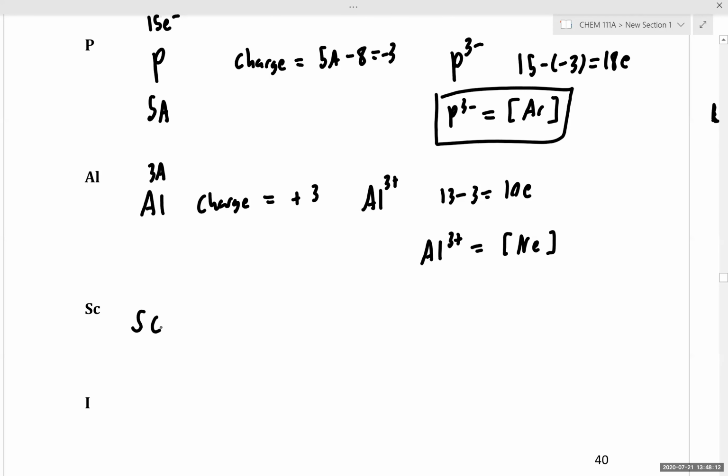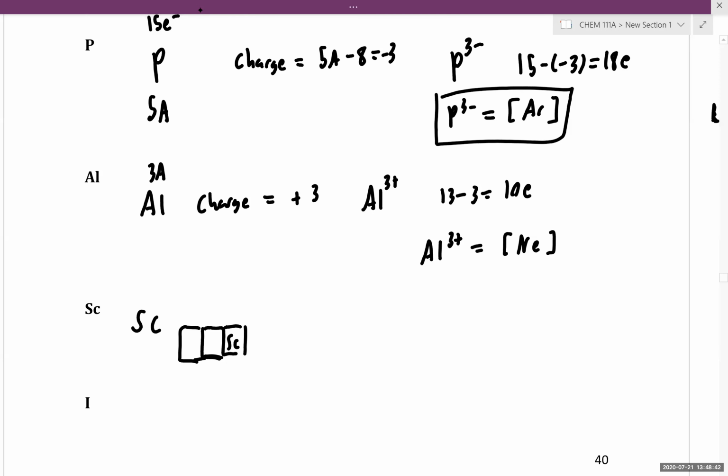Okay, scandium is a bit of a weird case. Looking at scandium in the periodic table, it's not formally a main group element, but it's 3 spaces away from our noble gas and it's a metal.